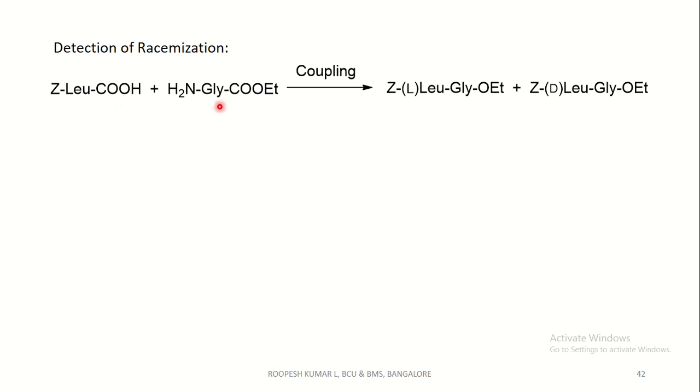Z-leucine on reaction with glycine ethyl ester, on coupling, gives a Z-protected peptide, with the formation of the D isomer also. Here I have chosen the L isomer, and generally you should get the L isomer, but sometimes you get a D isomer, and it depends on the method you choose.